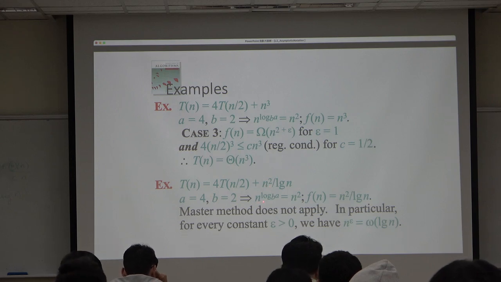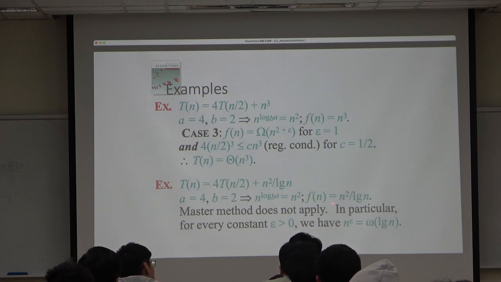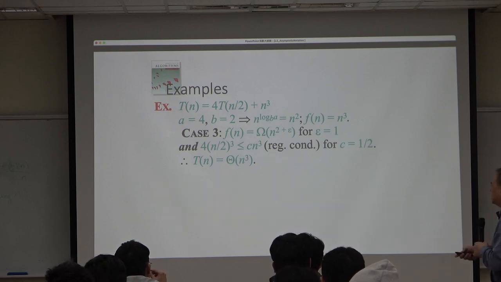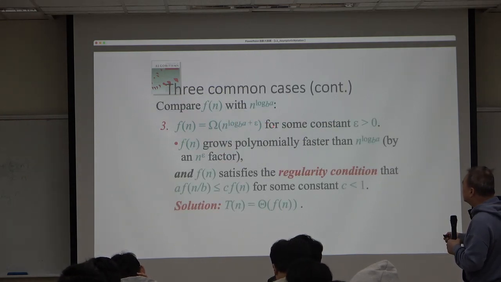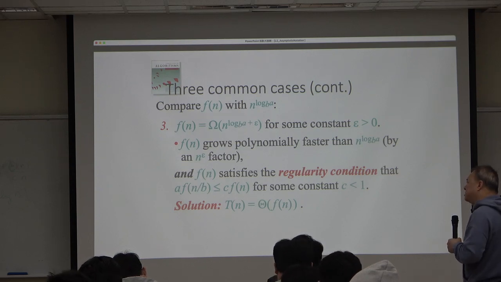Here we still have a is 4, b is 2, so n to the power of log base b of a is still n squared, and f of n is this one. In this case, it's not the first case, and it's not the second or the third case either.